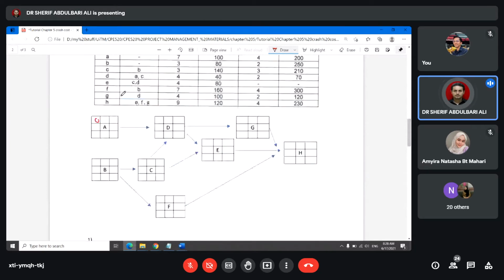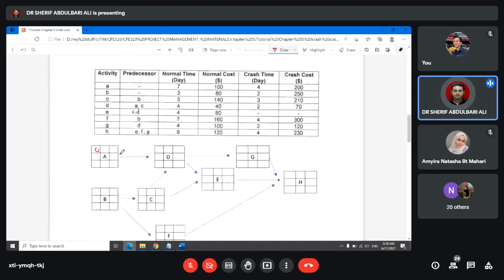Remember from the previous, it was the original one, 0 and 7 days. This is for 7 days. And activity B, it's 3 days, 0, 3, 3. D is 4 days, 7 and 4.